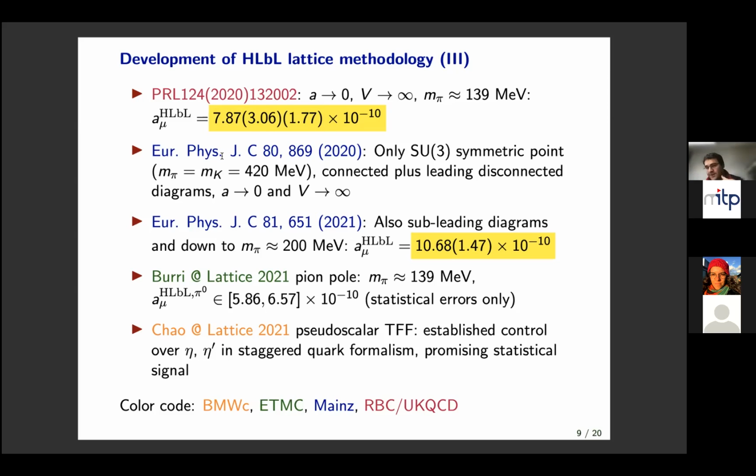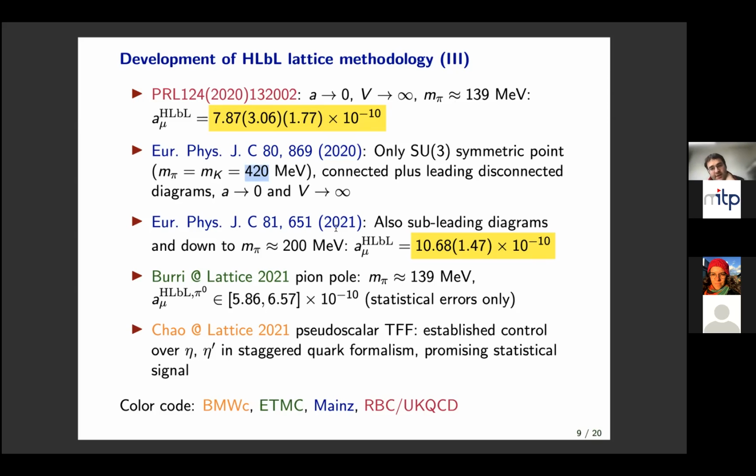At the same time, Mainz also made a lot of progress. In 2020, the first result was at the SU(3) symmetric point, where the pions were not yet physical. At 420 MeV, the pions had the same mass as the kaon. But the infinite volume and a to 0 extrapolation was performed.